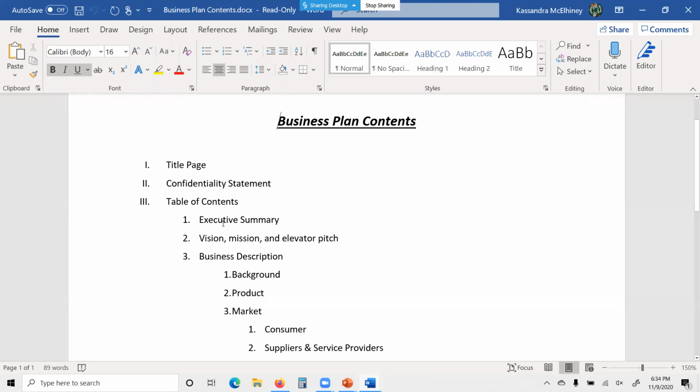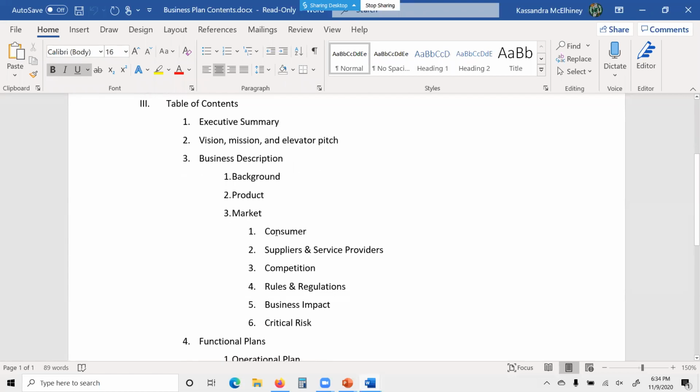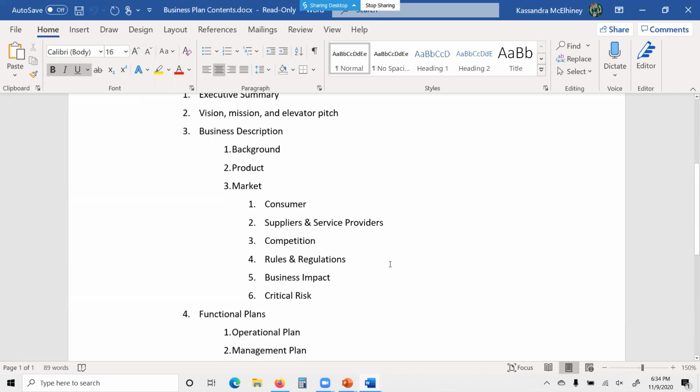Specifically regarding the market, we get into who is the ideal consumer, what consumer are we targeting, what kind of suppliers or service providers are we going to use, who's our competition, what kind of rules and regulations does our business need to meet, what kind of business impact are we looking to have, and what kind of risk factors are involved.